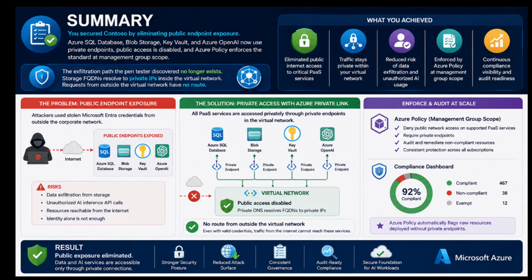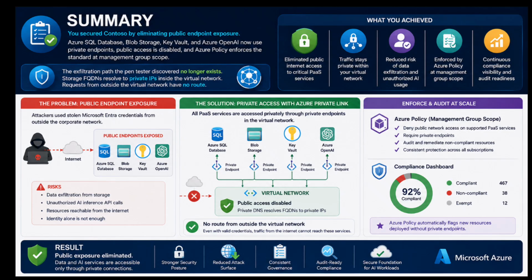In summary, this module showed how Contoso fixed a major security weakness by removing public access to Key Vault PaaS services. The same thing could be done with Azure SQL databases, blob storage, Key Vault again, and Azure OpenAI, where basically we moved behind the private endpoint.